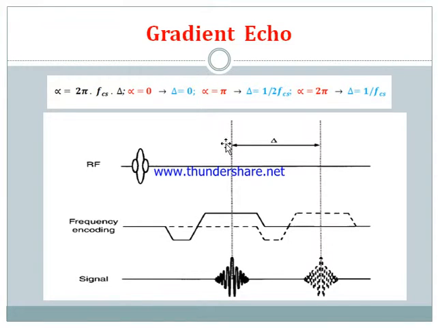For example, this is the in phase signal, and to get an out phase signal we can manipulate the delta value. For example, when the delta value is 0, we get a 0 phase difference. When the delta value is 1 over 2f, we get a 180 phase difference, and so on.